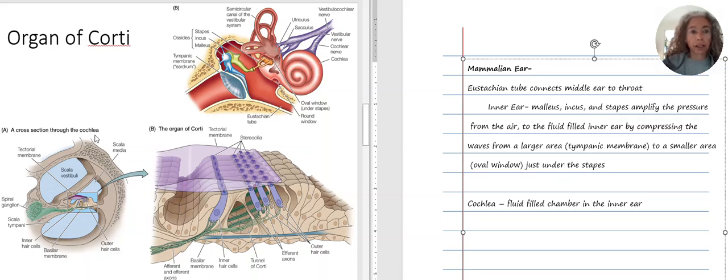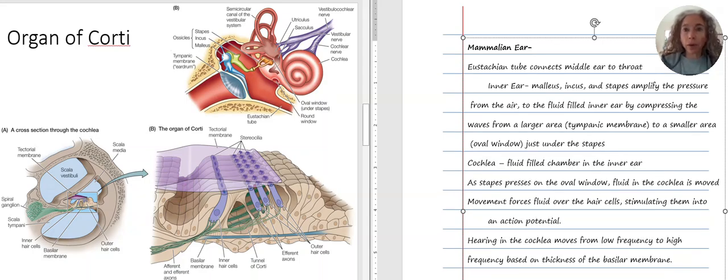Here's a cross section through that cochlea that is coiled right here. As the stapes presses on that oval window, the fluid in the cochlea is going to move. This movement forces the fluid over the hair cells, stimulating them into releasing neurotransmitters to create an action potential.